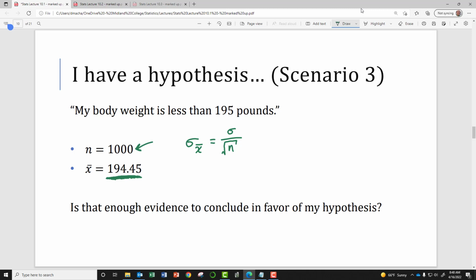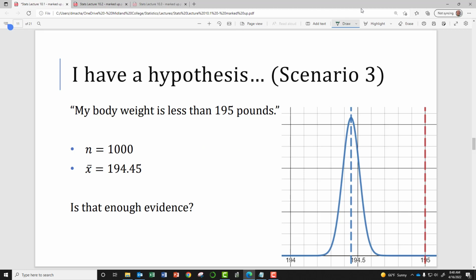So based on this, again, we can create a picture and notice that my vertical blue line represents my sample mean of 194.45. This vertical red line represents my hypothesis cutoff, where I'm saying this is 195, and my claim is that my body weight should be less than 195. But just the dispersion decreasing in this distribution curve of my sample mean allows all of the area under the curve to be safely to the left of that 195 line.